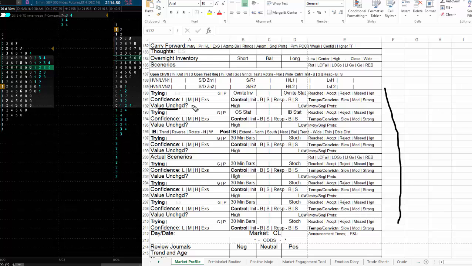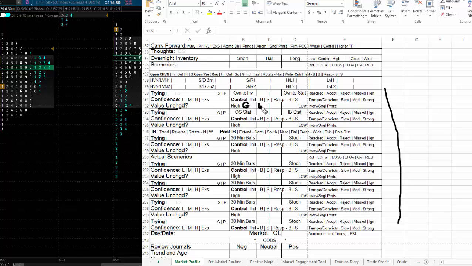is balancing and value has not changed, what would need to happen for it to change? So the high, is the high a good high, or is it a poor high, or is it a weak high?